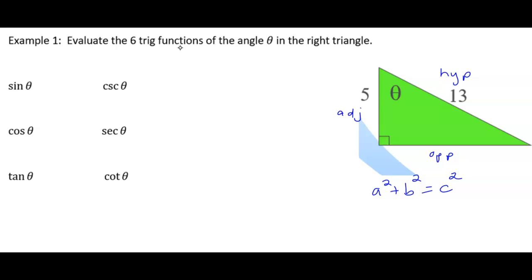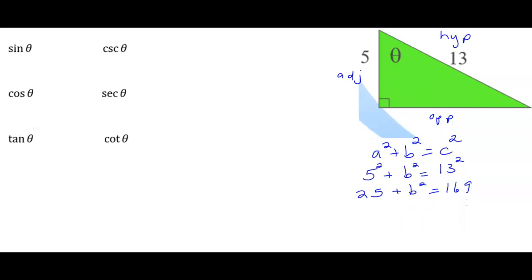Okay, so I'm going to do a squared plus b squared equals c squared, so I can do 5 squared plus b squared equals 13 squared. Go ahead and square it: 25 plus b squared equals 169. And then subtract 25 from both sides. b squared equals 144.